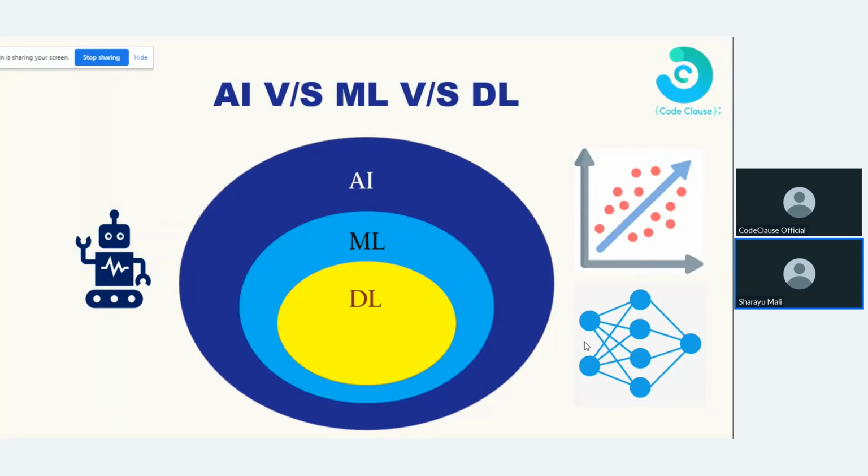So we don't need to do feature processing in the previous stage. We only need to clean the data while feeding into the deep learning models. This is one advantage of deep learning models over machine learning models. But the catch is that deep learning models require a very huge data set to function accurately. So this is all about AI versus ML versus DL.